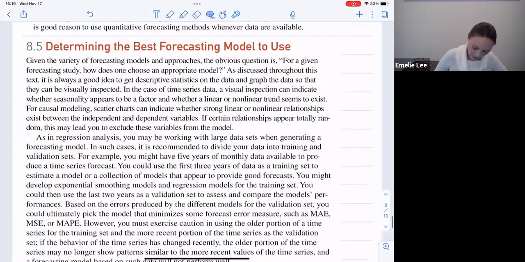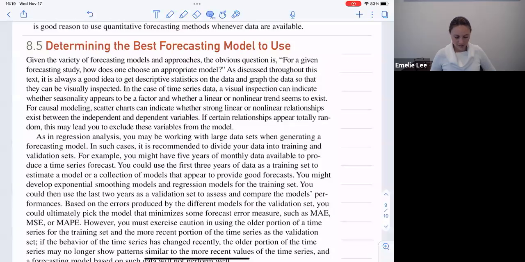So how do we pick the best model? I'll leave this for you to read through, but one thing you could do is some cross-validation, where you divide your sample into a training data set and a validation data set, right?